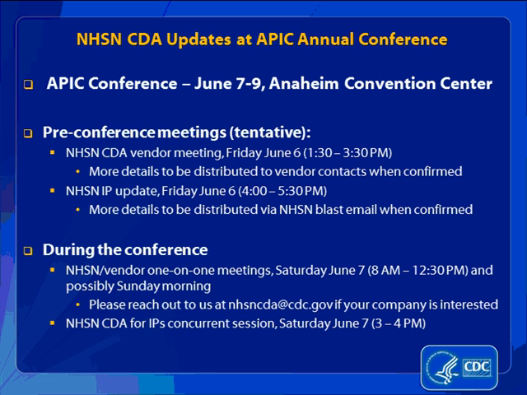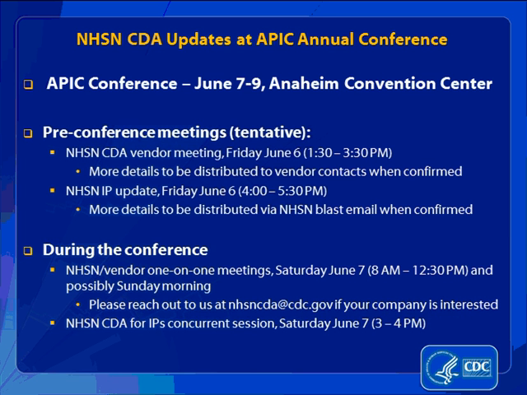I did want to mention the APIC annual conference. Many of you participated in our large vendor meeting before last year's APIC conference and individual vendor one-on-ones. We'll be doing the same thing this year. We will distribute via email a save the date for a CDA vendor meeting on Friday, June 6th in Anaheim from 1:30 to 3:30. That will be followed up by the NHSN IP update. That information will be distributed to all NHSN users, but as a vendor, you're welcome to attend that meeting as well, space depending.